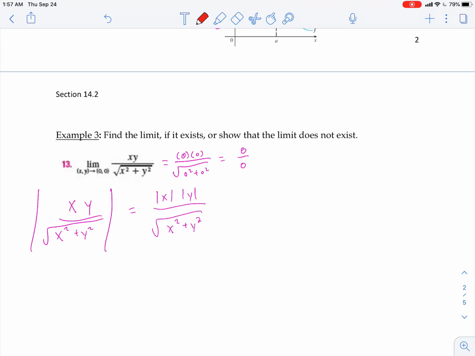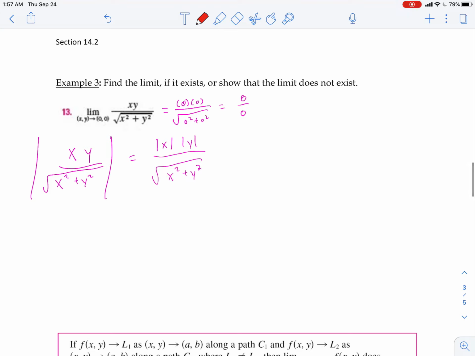So now I'm left with this function with the absolute value of x and the absolute value of y in the numerator, and the square root of x squared plus y squared in the denominator. Now, I'm going to try to find two functions, one that's less than and one that's greater than.